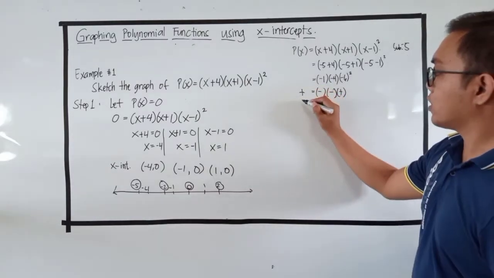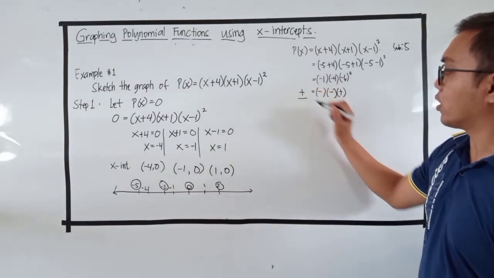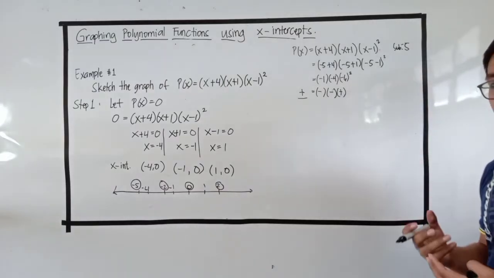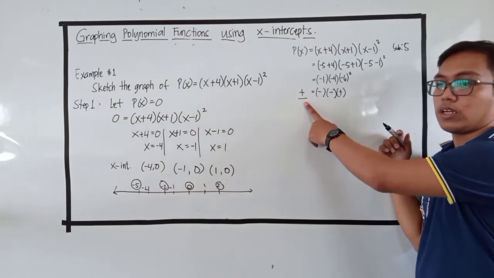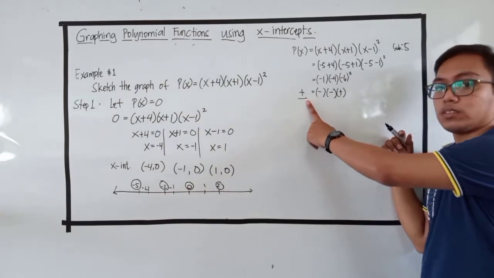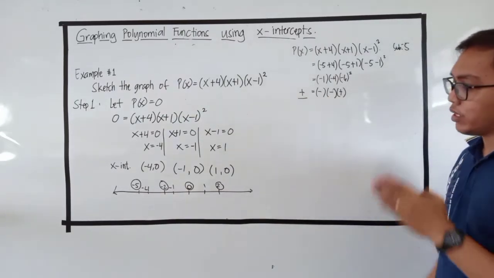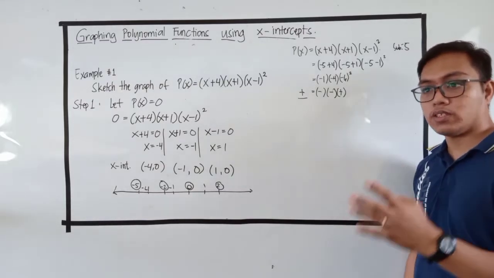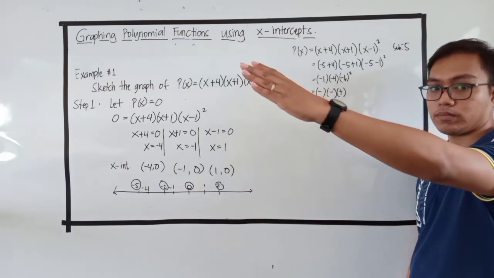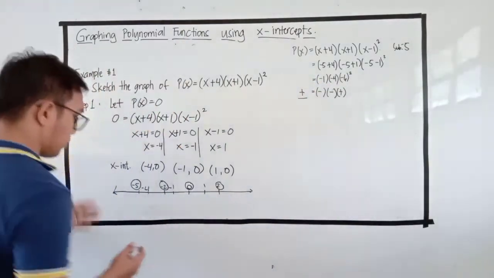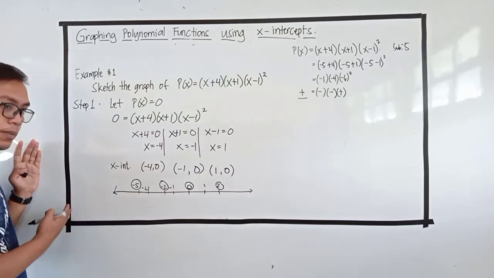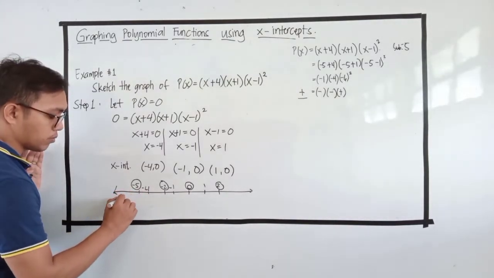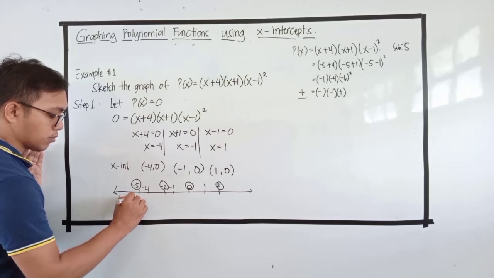Therefore, the sign of our answer here is positive. We don't care about the exact value. We're just caring about the sign of the answer. That is positive. Therefore, if the sign is positive, it means the graph tends to go upward. Okay, well, let's go back in here. The graph on the left side of -4 tends to go upward.